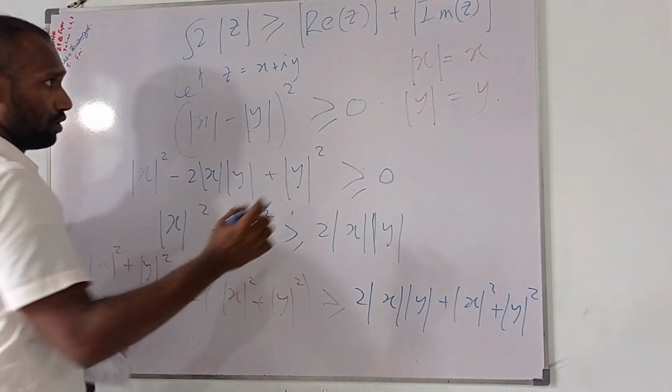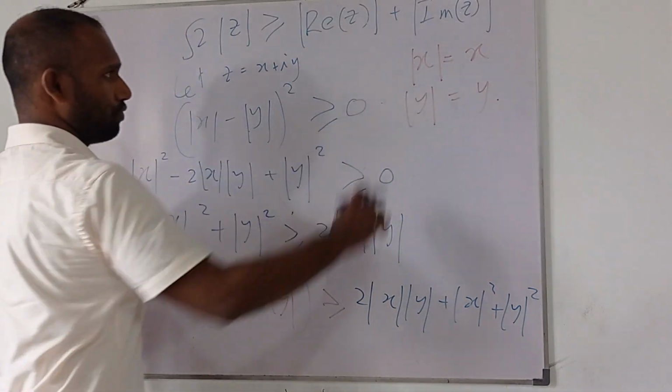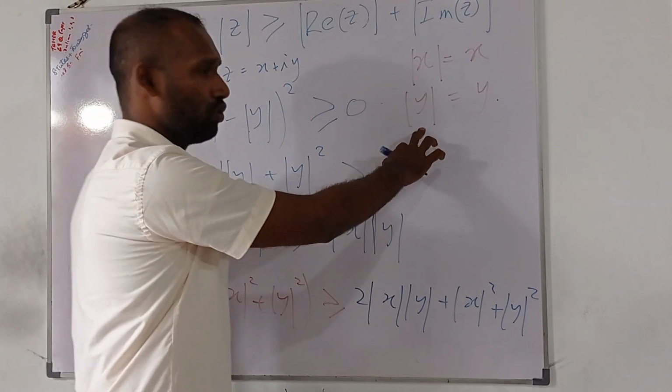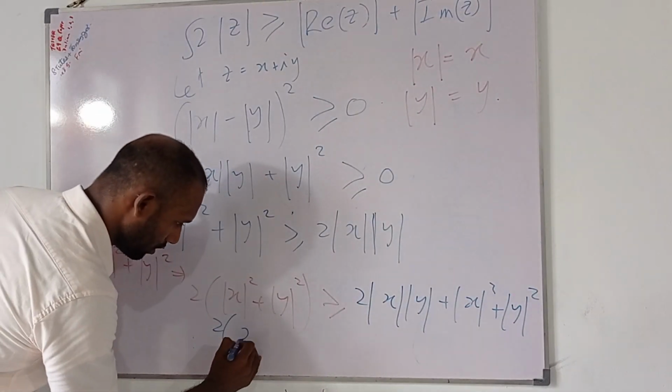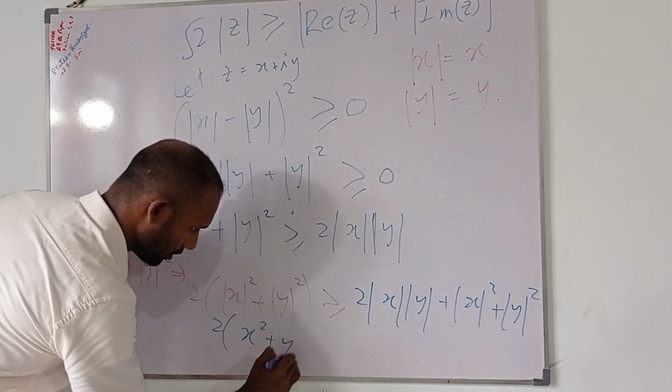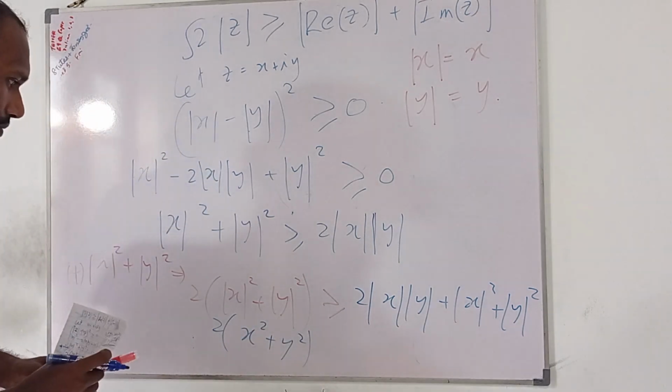So we know modulus of x equals x and modulus of y equals y. So 2 times x squared plus y squared.